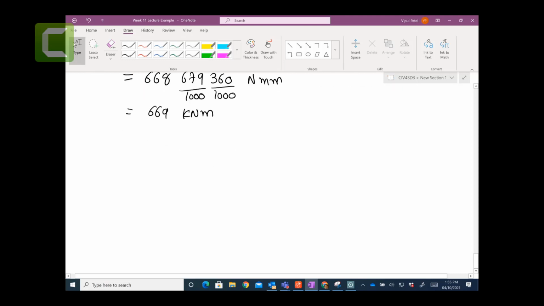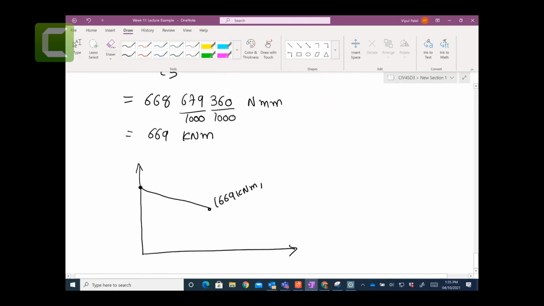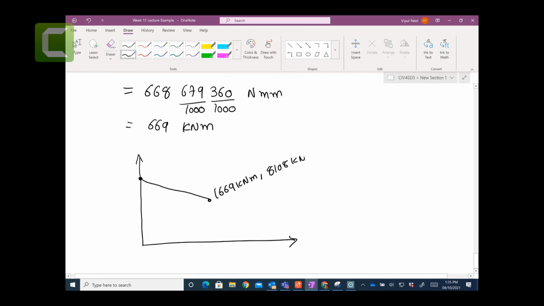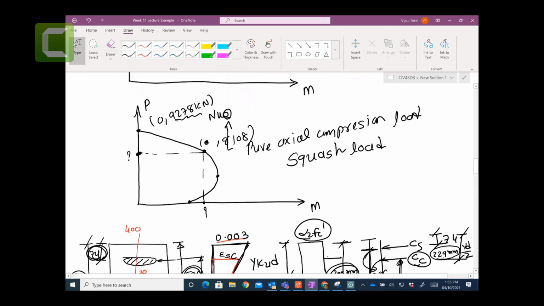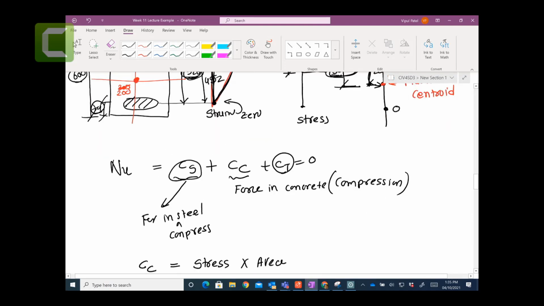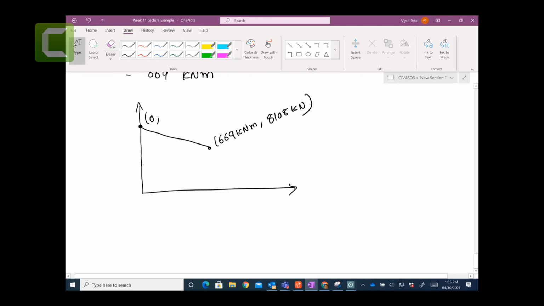So now we have everything that we can plot for the next point. So we have this point, straight line, and this point is 669 kilonewton meters, comma, 8108 kilonewtons. This one is 0, comma, how much was that? 9278 kilonewtons. Do you have any questions so far?